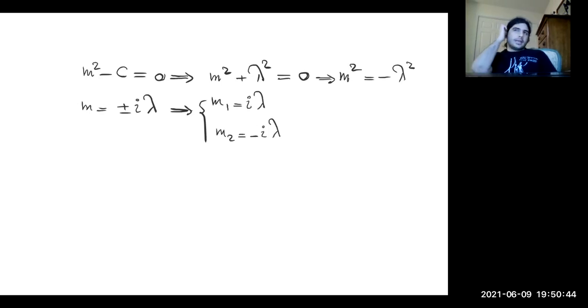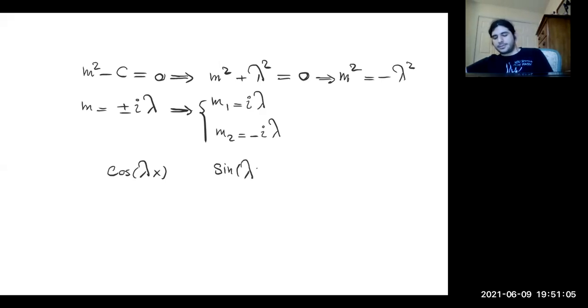So, in the case where our solutions are complex, here only imaginary, the solutions to the homogeneous equation are of the form cosine lambda x and sine of lambda x.